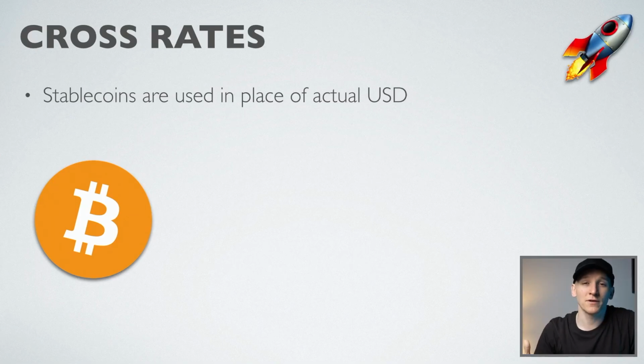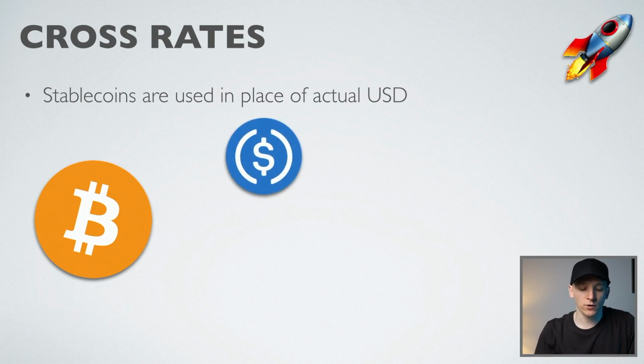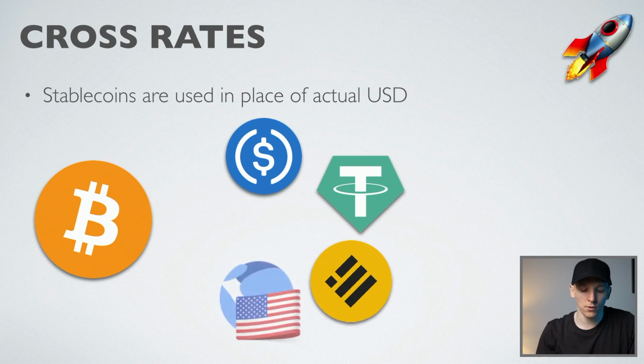Cross rates is something that we have in traditional FX markets. Any currency pair that trades that doesn't involve the US dollar is technically known as a cross rate, so a cross exchange rate. So in the crypto world, yes, we have stable coins, right? So we have US dollar Tether, USDC, USDT, BUSD, all of these coins that you can see here, and some other ones as well.